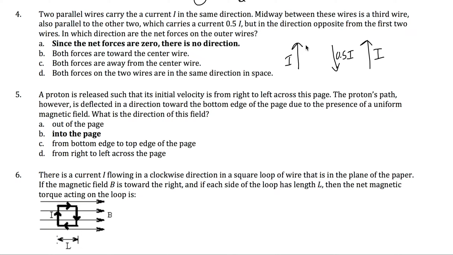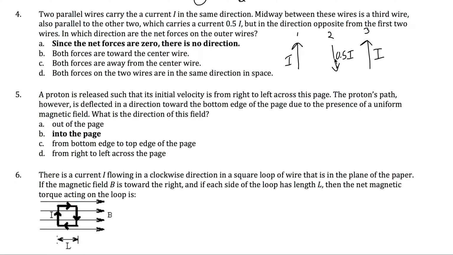And the first thing is, in which direction are the net forces on the outer wires? So the first thing is we need to visualize, well, why is there a force on an outer wire? So let's pick this outer wire over here. Why is there a force on this one? Well, there's going to be a force from this one, so I'll call this wire 1, wire 2, and wire 3.